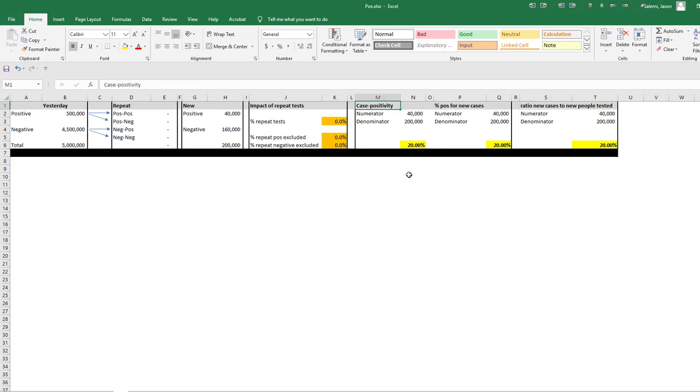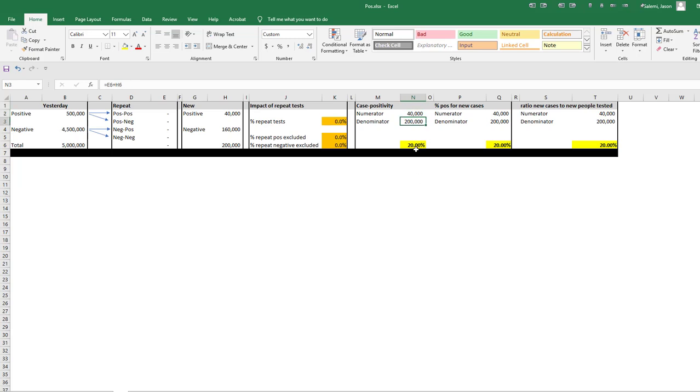First of all, the simplest one I think is the case positivity. All that this is going to ultimately look at is, again, ignoring repeat testing, I just want to know today how many people tested positive. That's going to be the numerator. The denominator is going to be the total number of people tested.